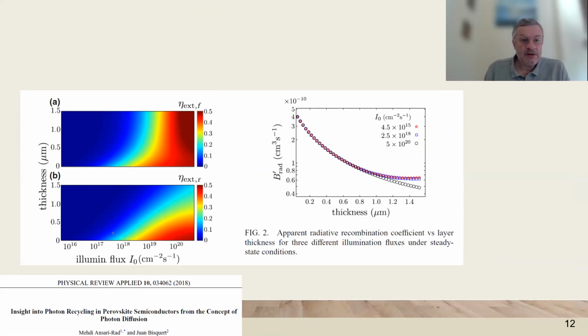The photon recycling can be measured or estimated by irradiating a structure on one side and measuring the emission at the other. So this will depend on the illumination flux and depend also on the thickness of the layer, and the emission, depending on these factors, indicates that the effective recombination lifetime is not a constant anymore, but depends on the flux and on the size.